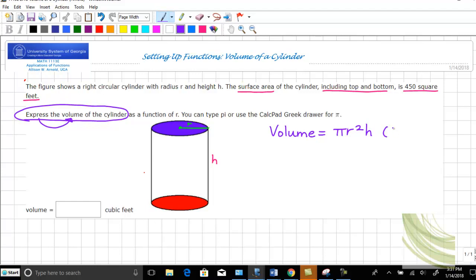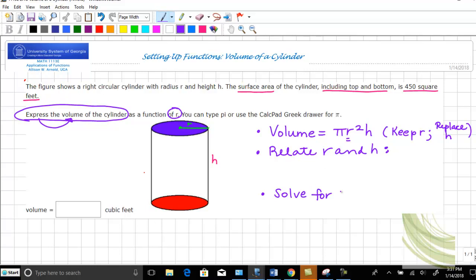Using our strategy from before, we wish to keep the variable r because of the way the problem's worded, and we want to replace the variable h. So we have to find a way to relate r and h to each other so that ultimately we can solve for the variable we wish to replace, which is h.